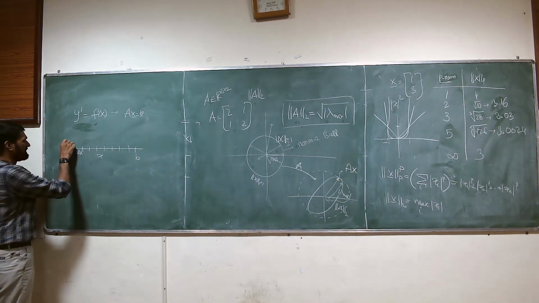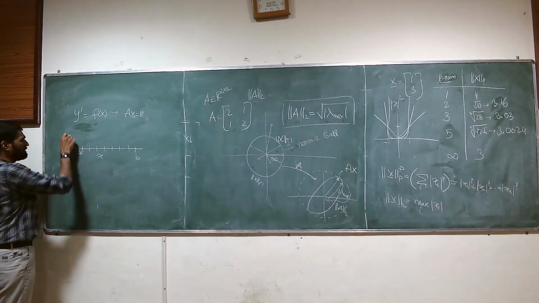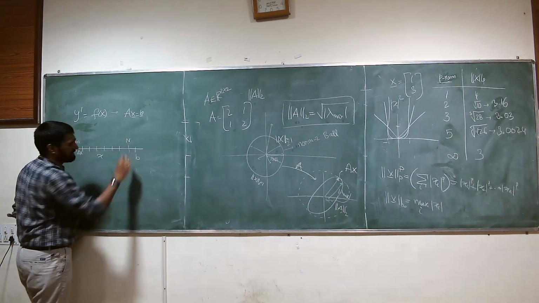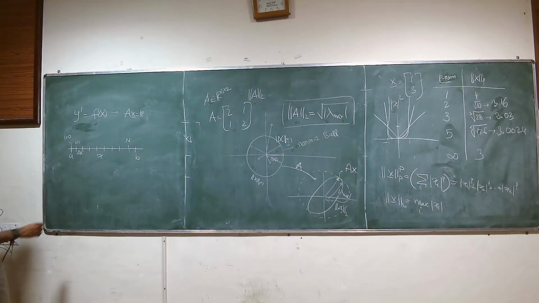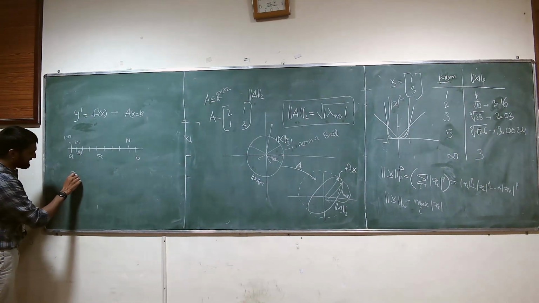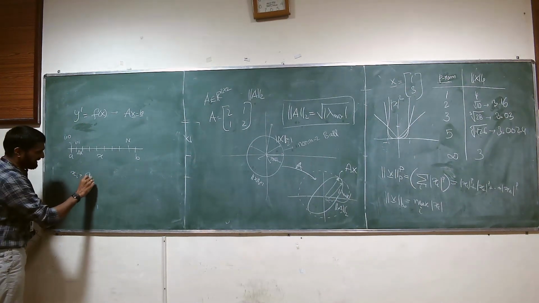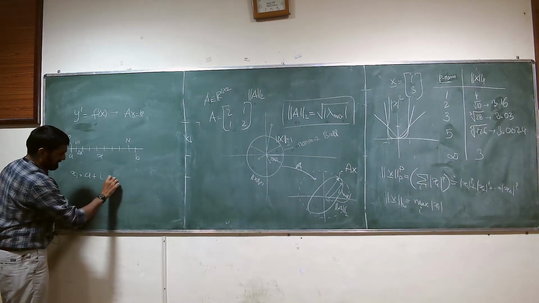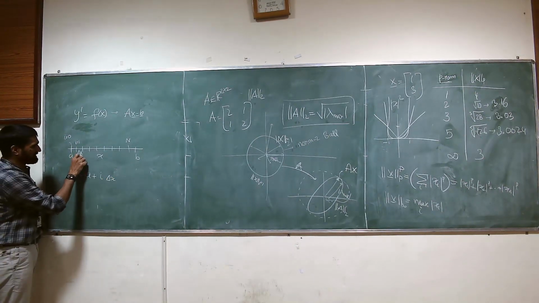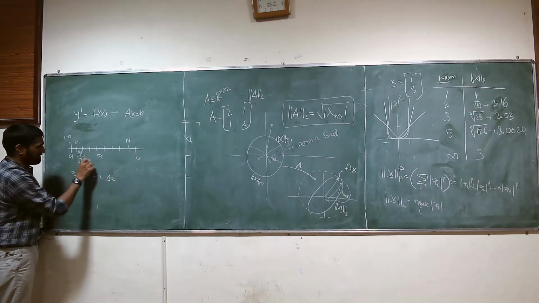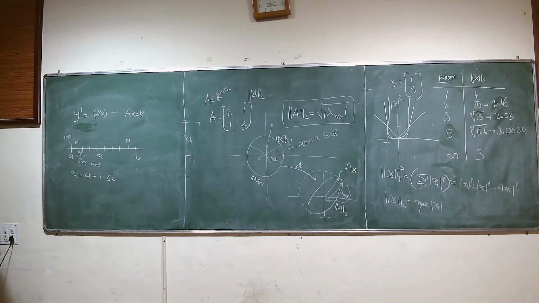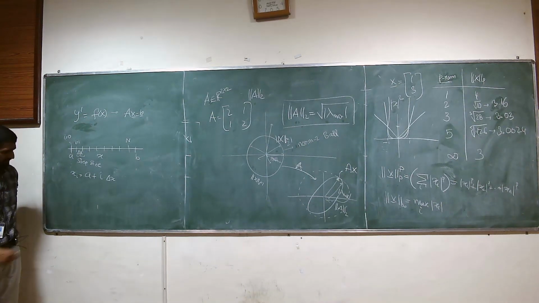Let's say we call this i equals 0, this is i equals 1, 2, 3, 4, and let's say this is i equals n. That means we will define x_i as a plus i times delta x. Delta x is your step size, the step size of your integration. This is your x_i.